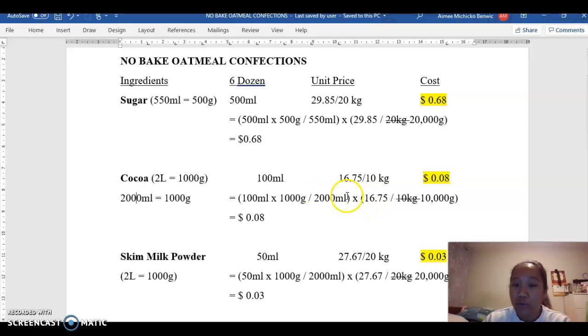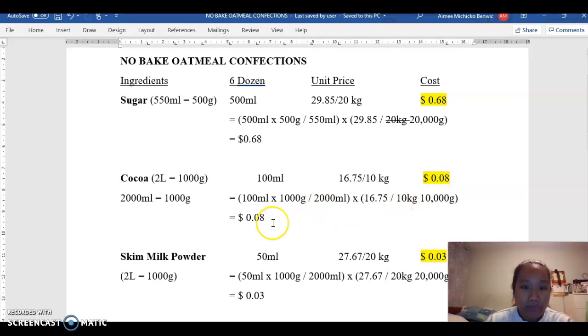We cancel ml and ml, which leaves us grams. Then we multiply by the unit price, $16.75 divided by 10 kilograms. As with the sugar, there are 1,000 grams in 1 kilogram, so 10 multiplied by 1,000 gives us 10,000 grams. Calculating this gives us 8 cents for the cost of cocoa.